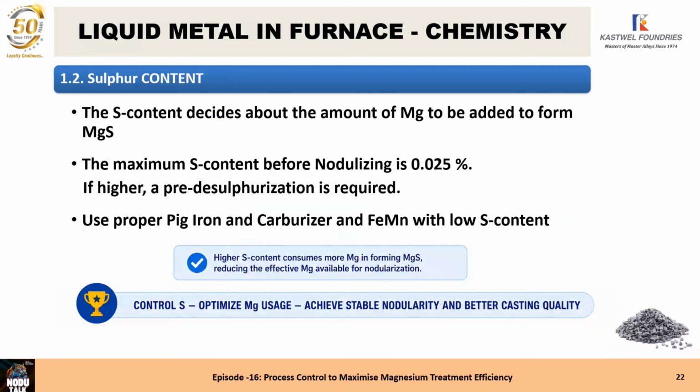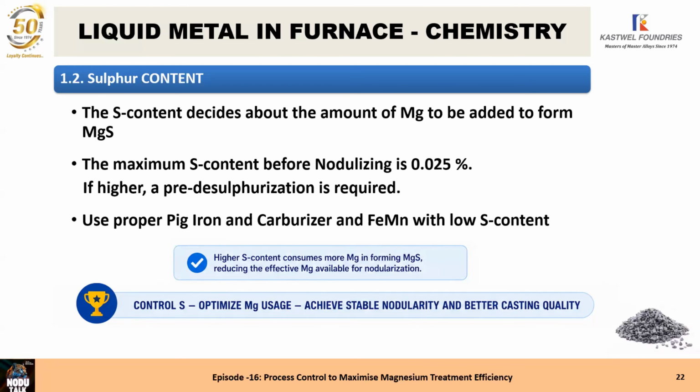The sulfur content. The sulfur content decides the amount of magnesium to be added to form magnesium sulfide. The maximum sulfur content before nodulising is 0.025. If it's higher, we have to do a pre-desulfurization, because only compensating a higher sulfur content with magnesium is much too costly and will lead to much too much slag, which will be nearly impossible to remove.